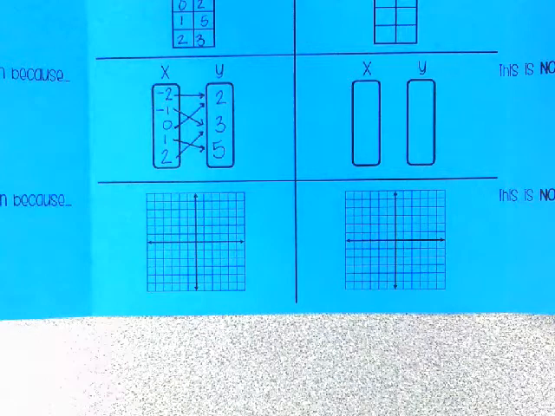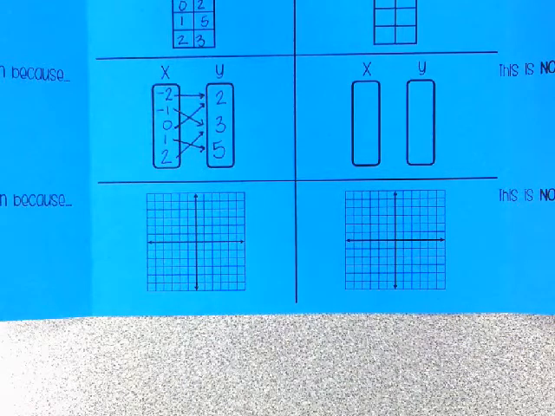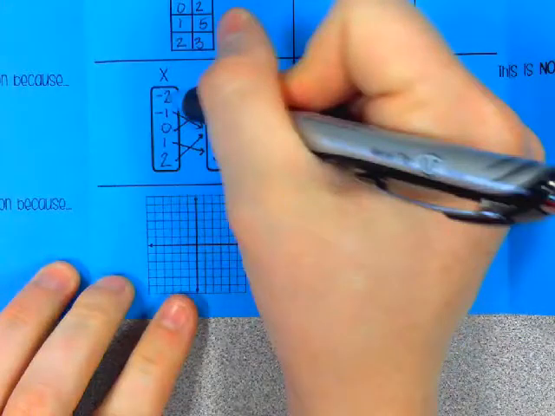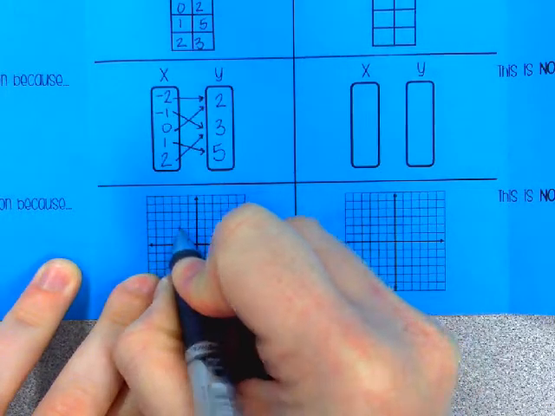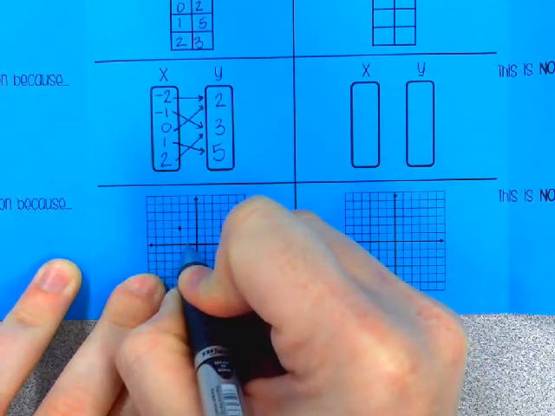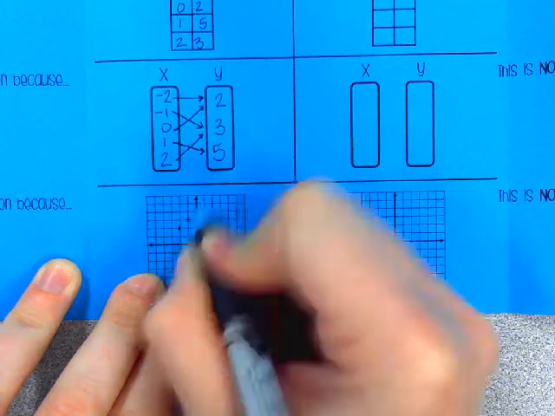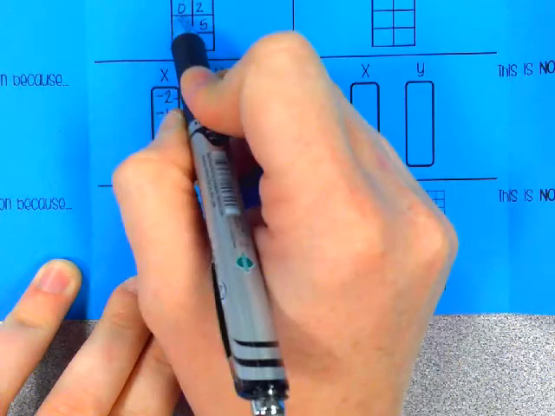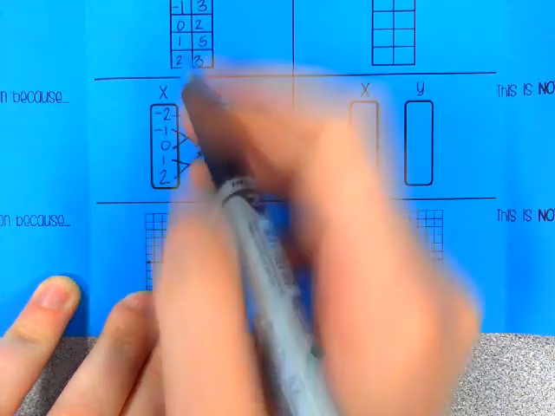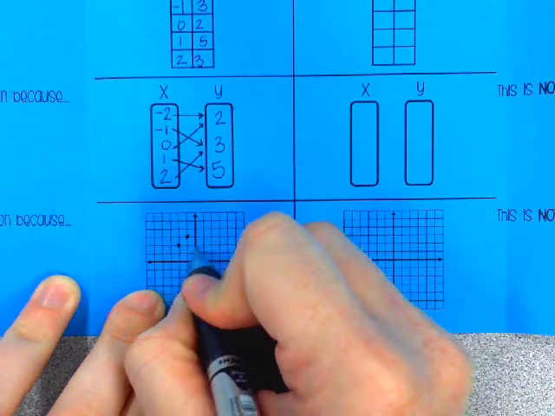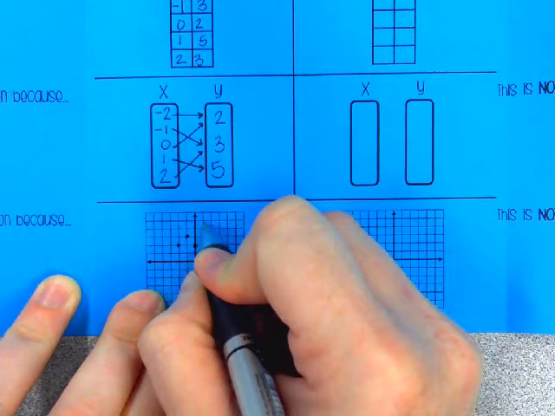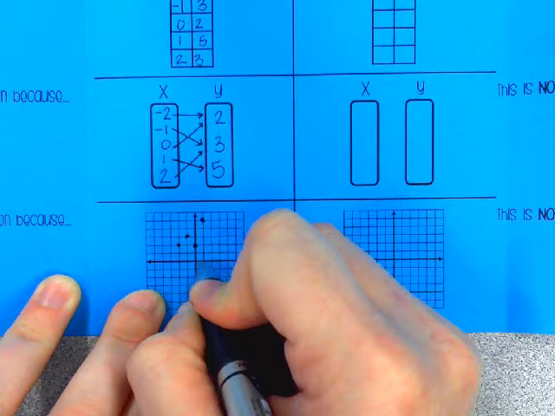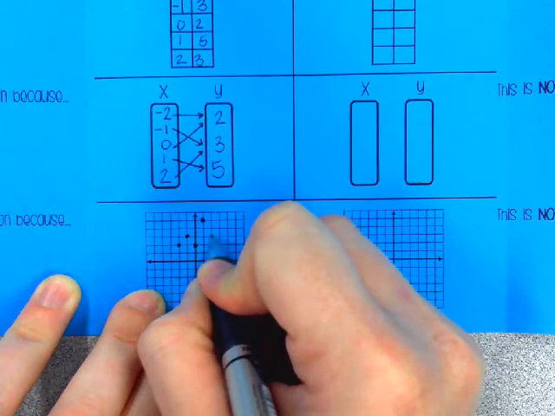Okay, now I'm going to go ahead and graph these. So -2, 2, -1, 3, 0, 2, 1, 5, and 2, 3.